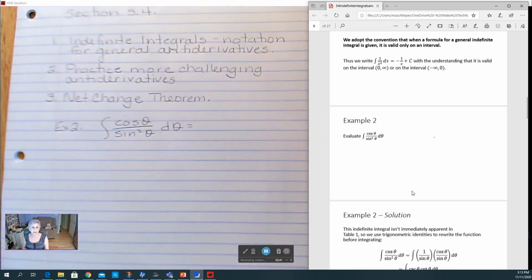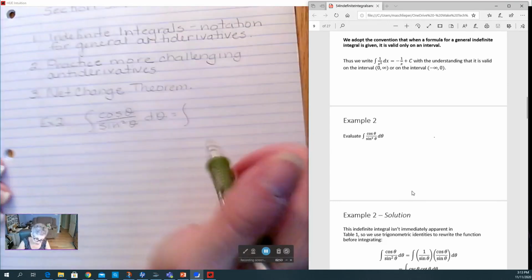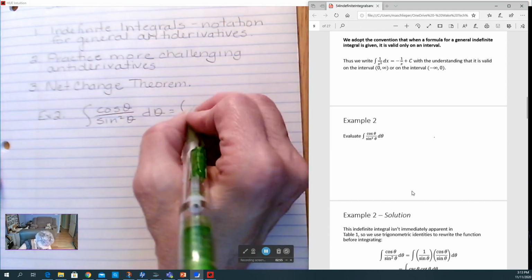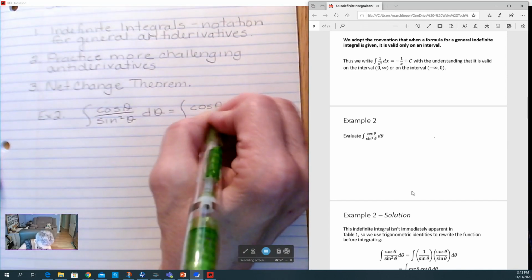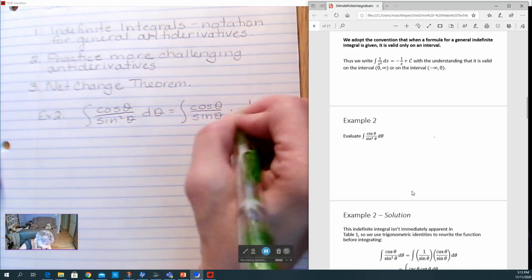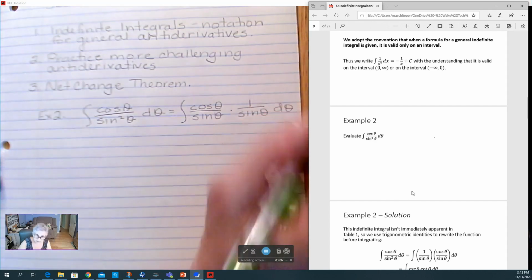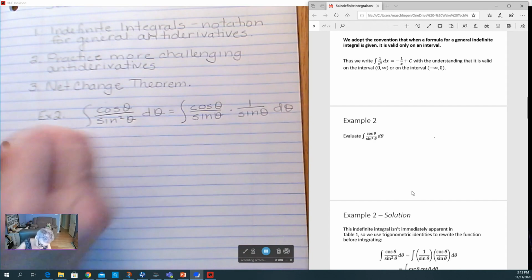Usually when we see trig functions, we simplify them, but this time we are going to rewrite it using some of the ratio functions. We can separate this into cosine of theta over sine of theta times 1 over the sine of theta.